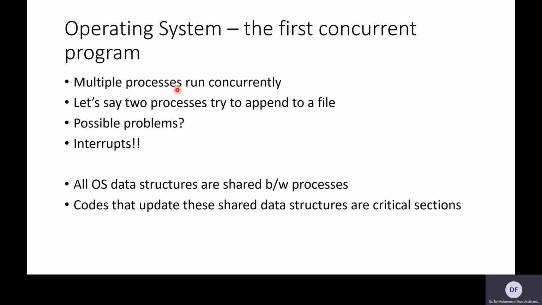So it can happen that multiple processes are executing the same operating system code concurrently. One process, while executing the code, gets interrupted, another process runs, and it executes the same operating system code.